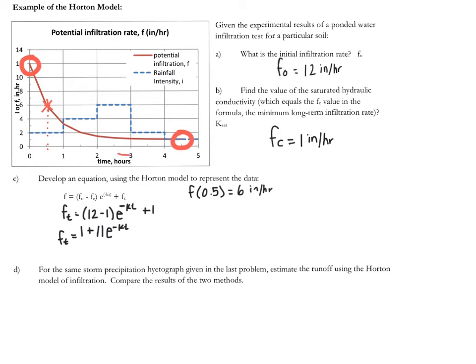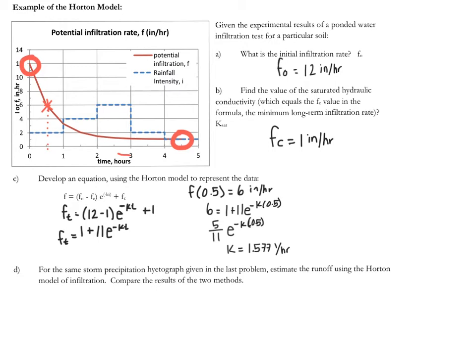If I know that, then I'm going to write 6 is equal to 1 plus 11 e to the negative k times 0.5. We can solve this math. We would have 5 over 11 equals e to the negative k times 0.5, and we would get, using ln eventually, that K is 1.5771 per hour.